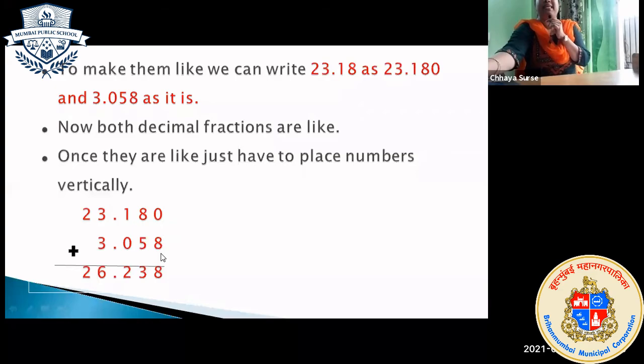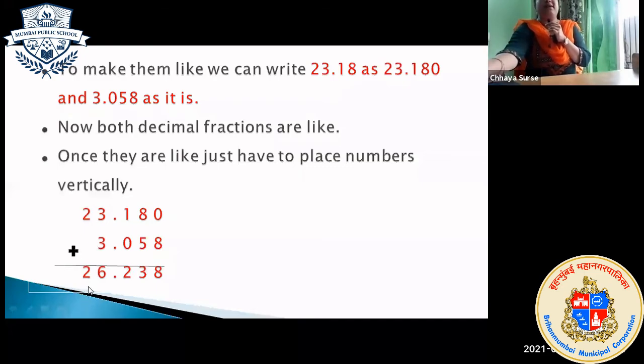Now 0 plus 8, 8. 8 plus 5, 13. So 3 will be here and 1 carried over. So 1 plus 1, 2. Then 3 plus 3, 6. And the 2 as it is, 2.